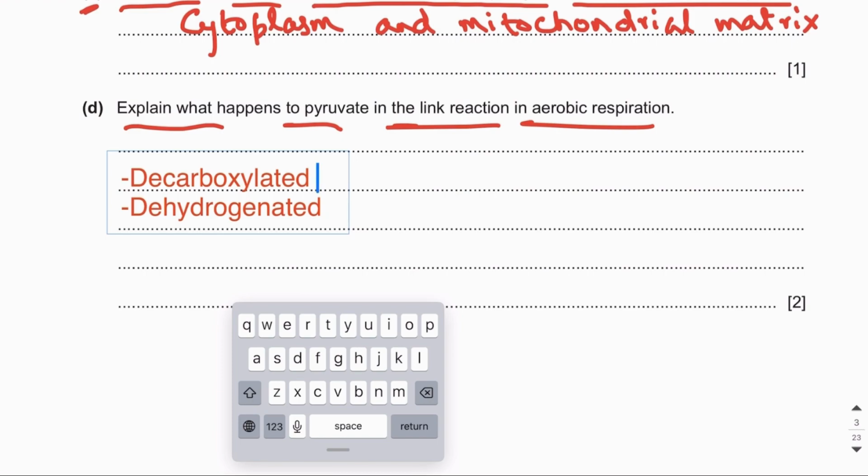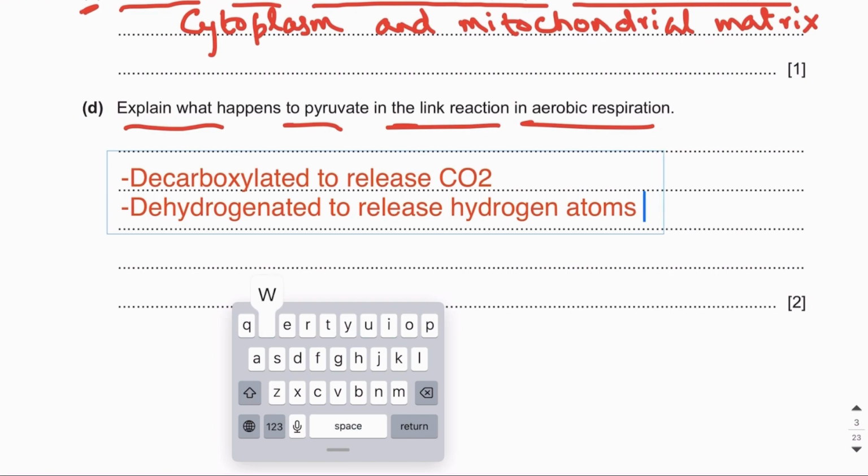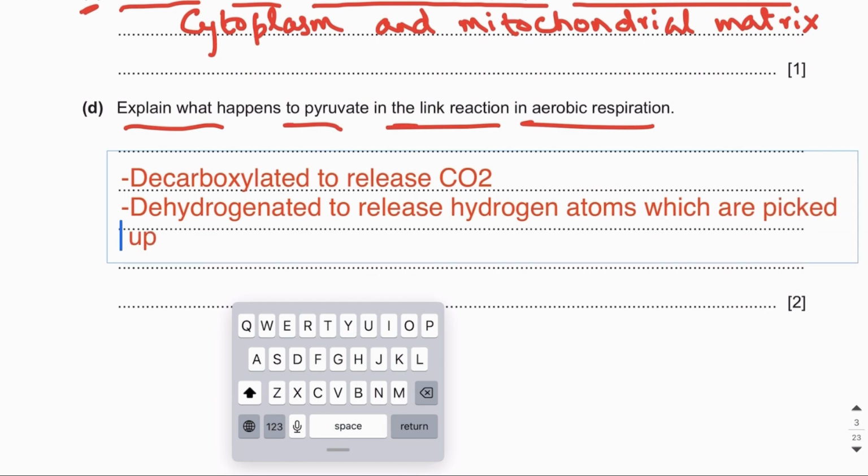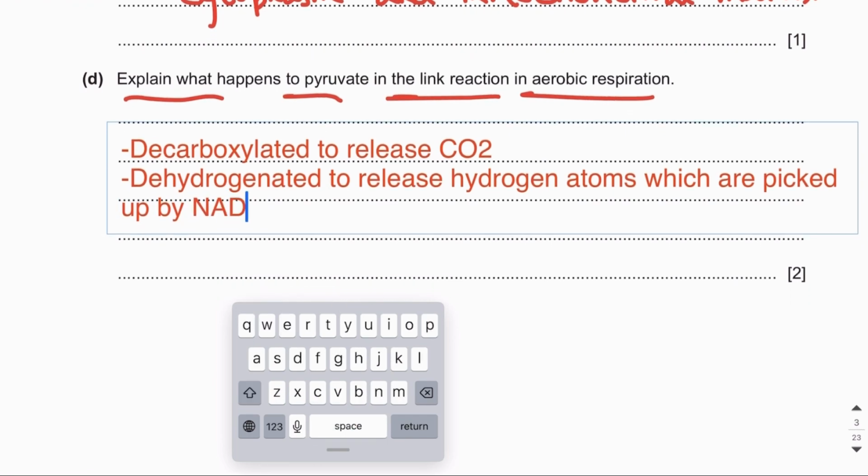We can also mention decarboxylated to release carbon dioxide, CO2, dehydrogenated to release hydrogen atoms, which are picked up by NAD to produce reduced NAD.